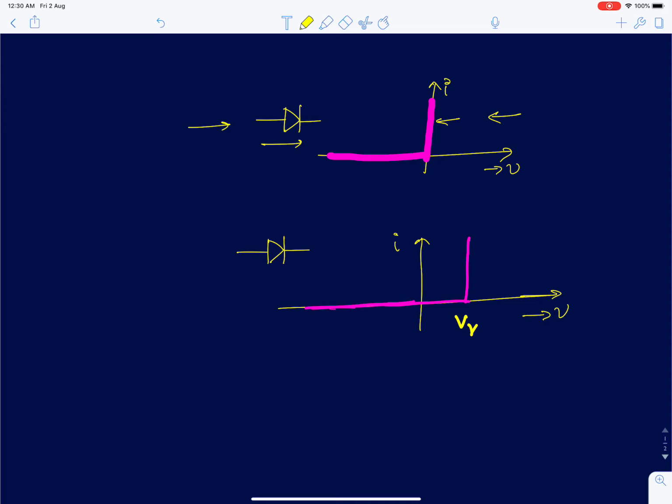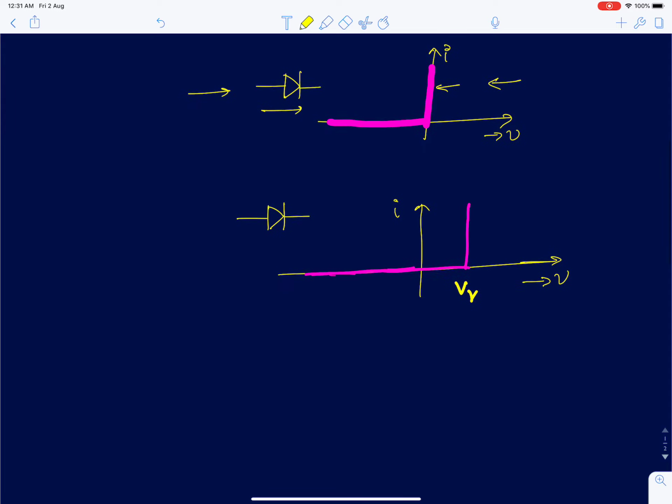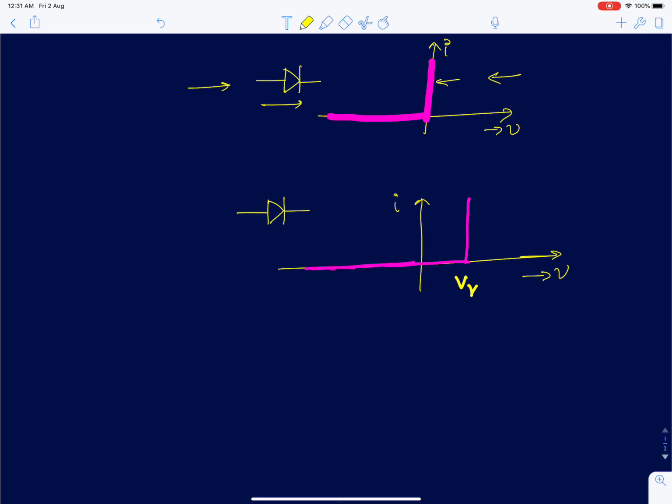But in practice, in any practical circuit, for example, when I have a simple circuit like this, I'm going to feed in some VDC which is greater than V gamma. Then the voltage drop across the resistor is going to be VDC minus V gamma, which is less than the input.